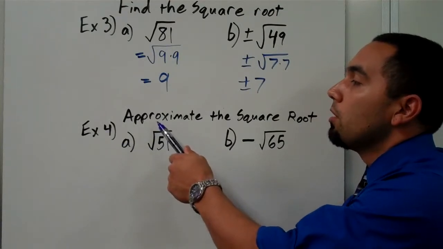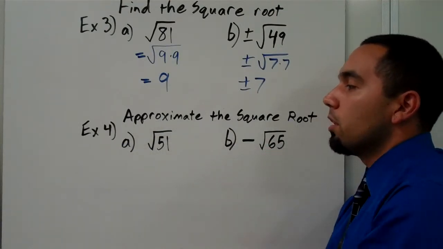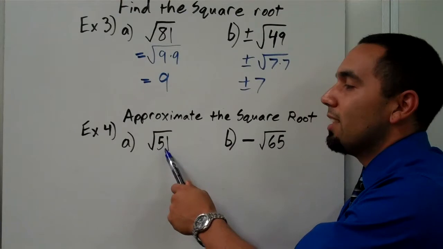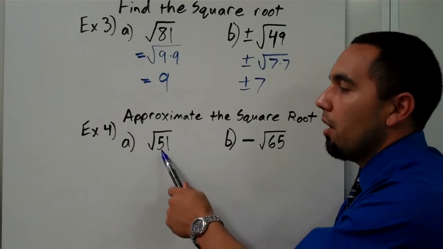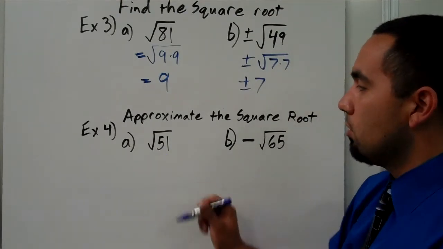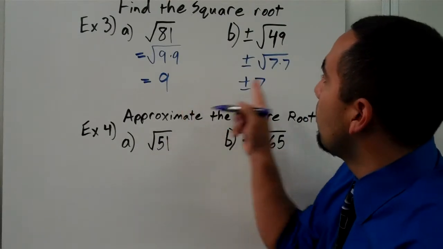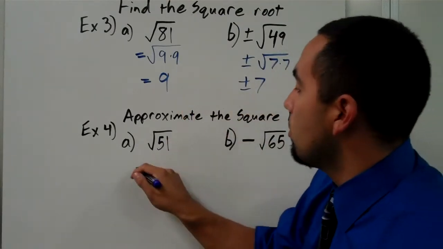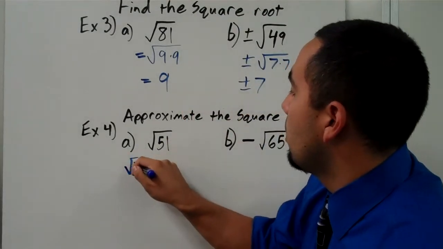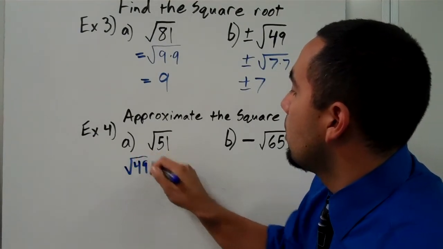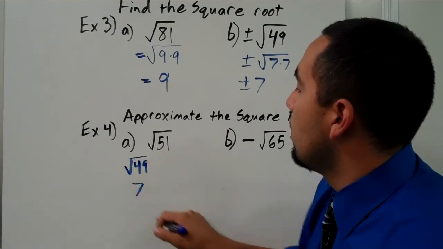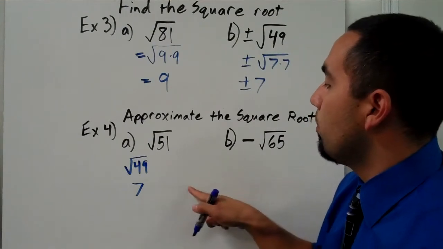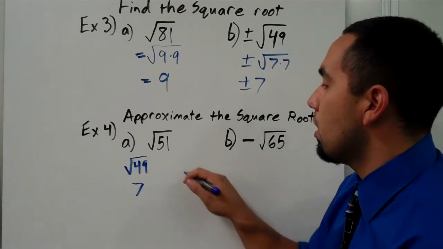Example number 4, it says approximate the square root. Now here we have a number that's not a perfect square, okay? But I do know that the square root of 49, which is very close to 51, equals 7. And what number after 7 gives us the next square root?